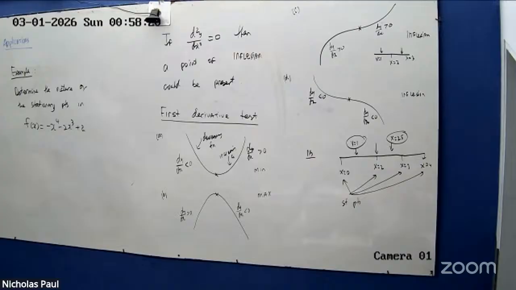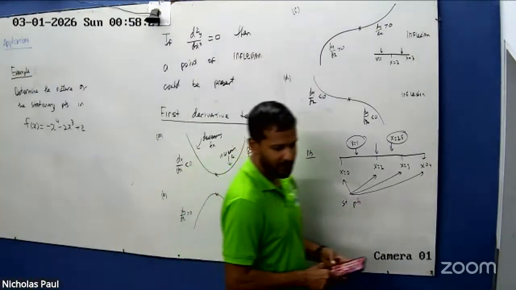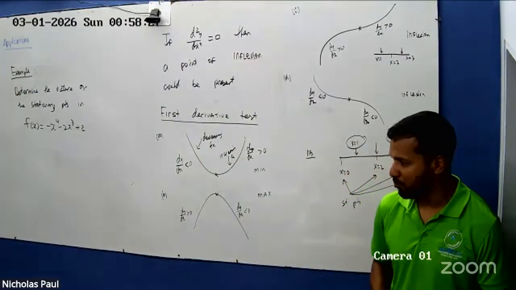Differentiate, make it equal to 0, and find the stationary point. And if it's done, you can try a quick sketch.